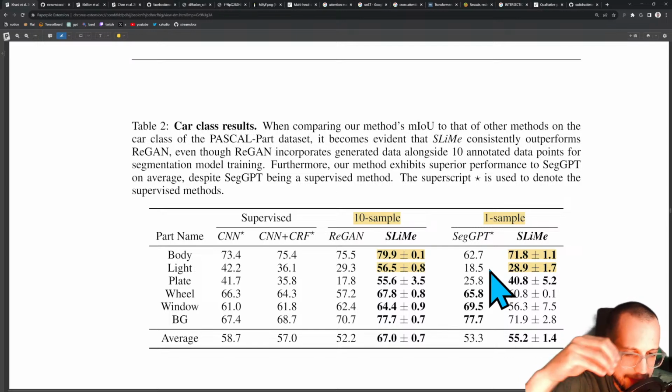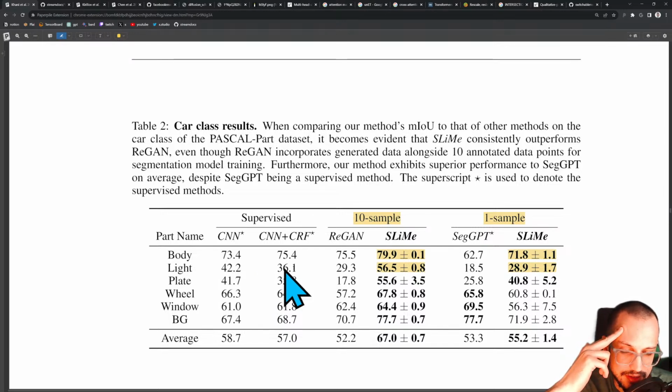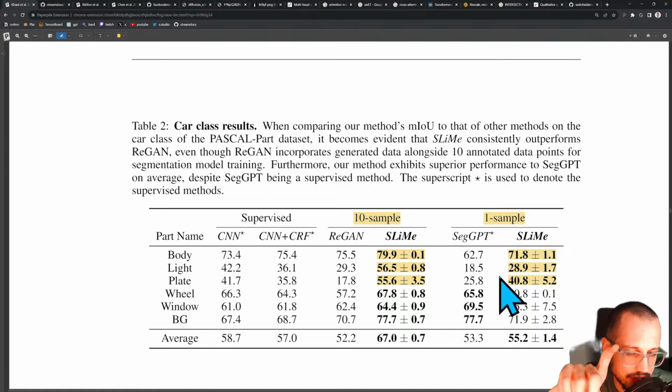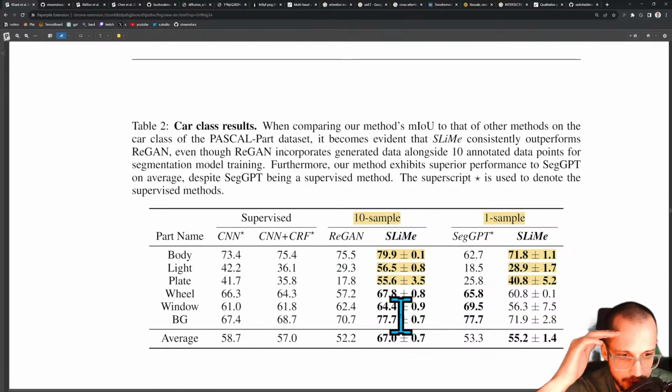So it would make sense that more nuanced things such as the light in a car, or here the plate, I don't even know what the plate of a car is, I guess the license plate, those types of things might be harder to get across semantically for SLiME than something like the body of the car or the window of a car or the background. Like the background here is actually really good.